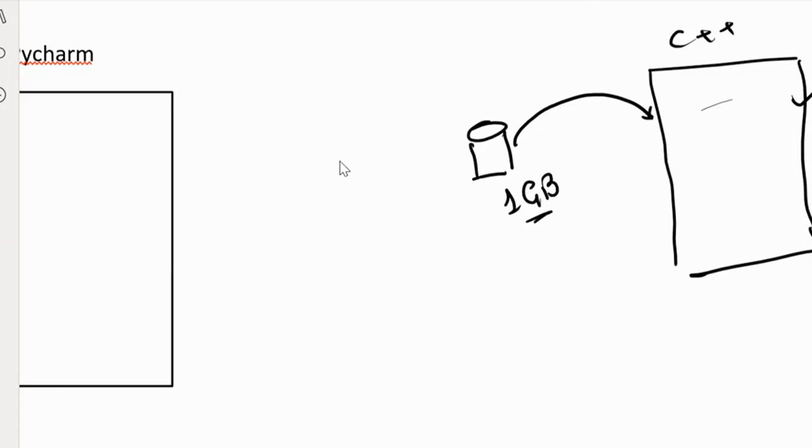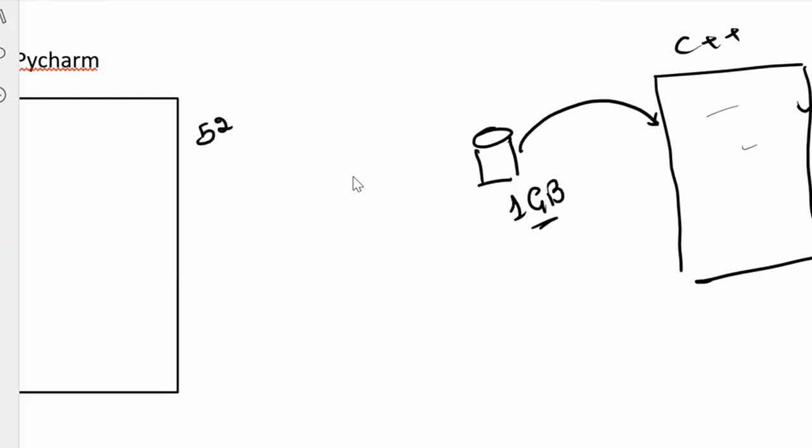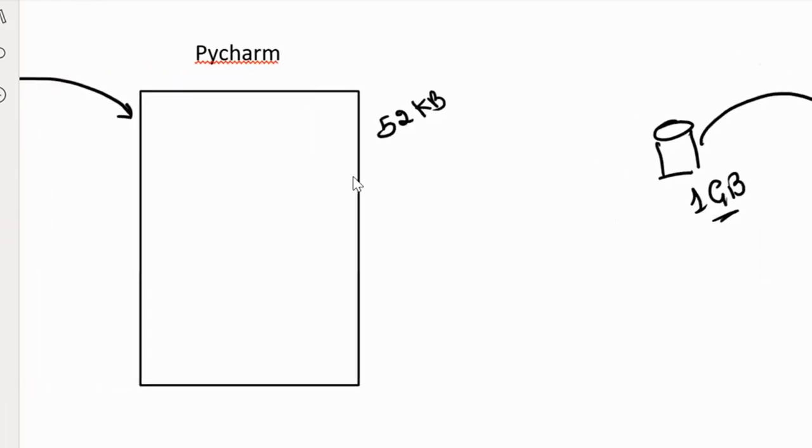Here, 52 bytes only. Where is 52 bytes and where is 1 GB? So which one will be faster? This one will be faster. Why is this possible? Because of two major concepts: one is immutability, the second is the memory sharing concept.